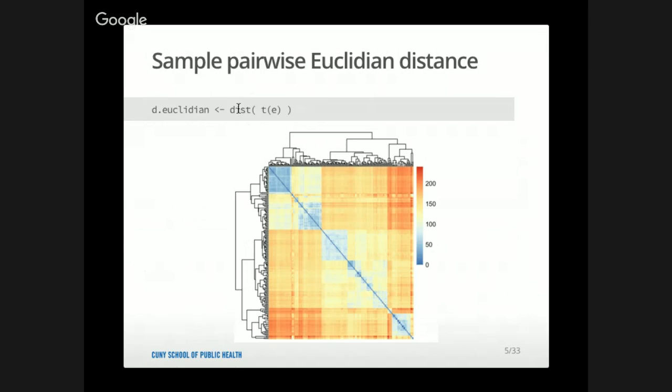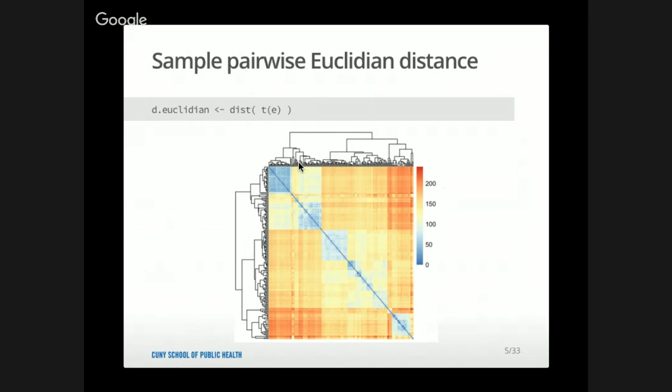So rather than a typical heat map that might show gene expression itself, it's plotting the distances themselves. These do not represent expression of genes; they represent pairwise distances between samples.